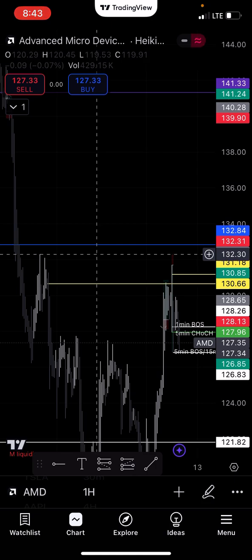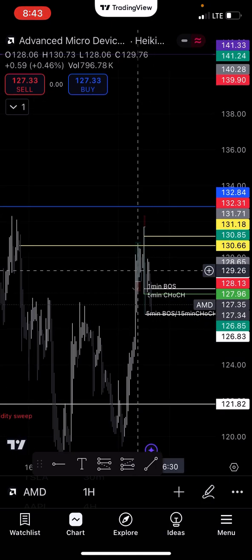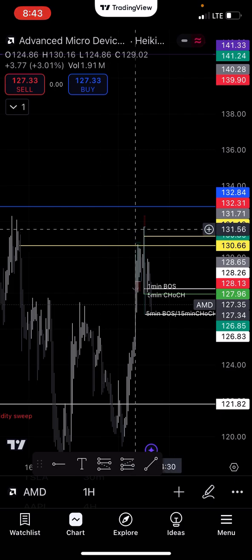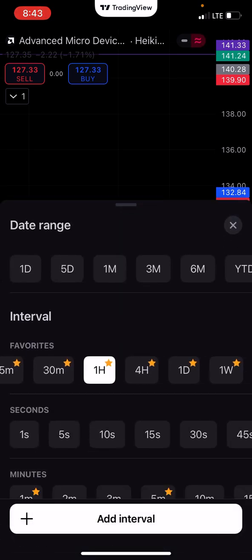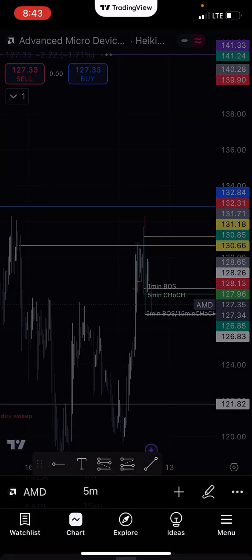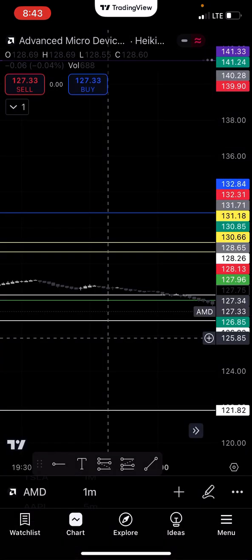These highs, right? Because I knew we weren't gonna break them today because we needed internal liquidity. Okay, and so on the 1-minute time frame.